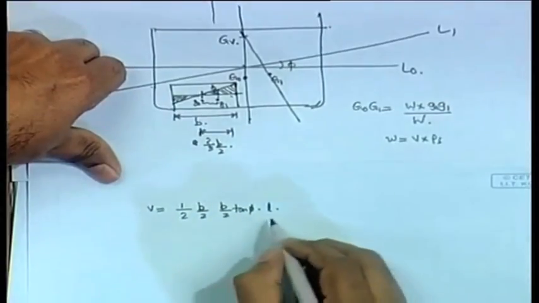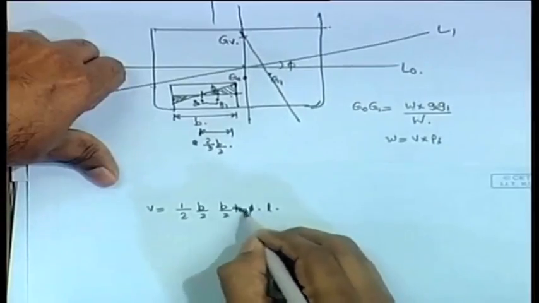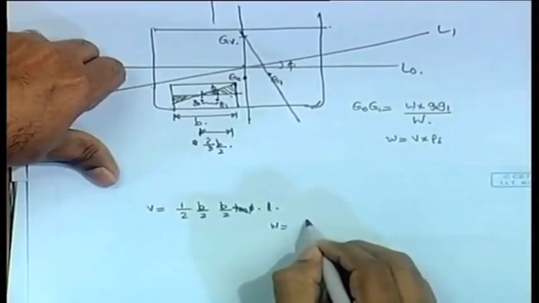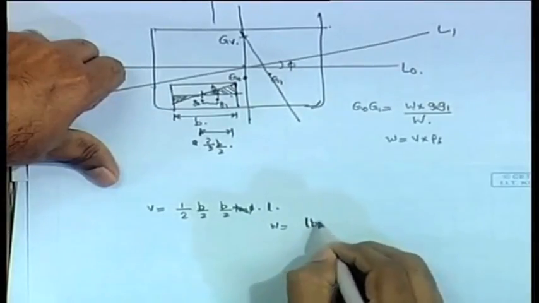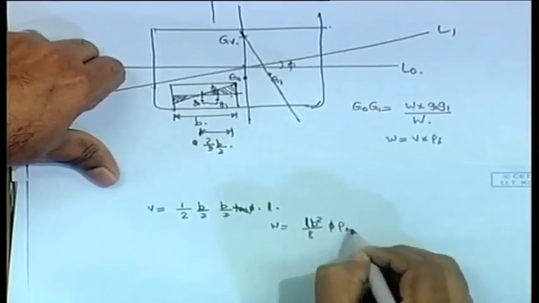Because we are talking about small angles, we replace tan phi with phi. Therefore, the weight small w is equal to L into b square by 8 phi into rho I. Rho I is the density of that fluid, let us call it water, therefore equal to 1000 kilogram per meter cube. That is the weight of that fluid that is being transferred.